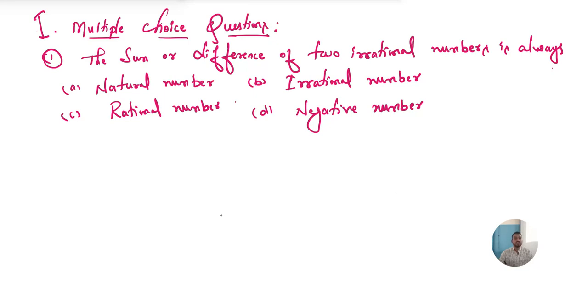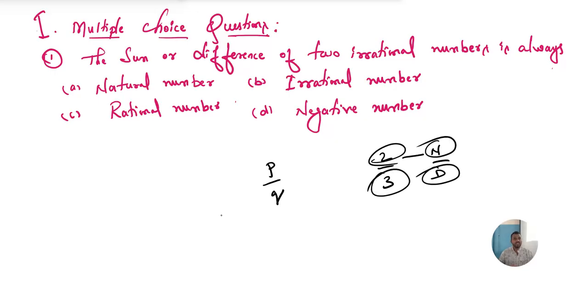If you describe any number in the form of P by Q, such a number is said to be a rational number. Means any number in the form of numerator by denominator. If in the numerator we have 2 and in the denominator we have 3, then such a number is a rational number.